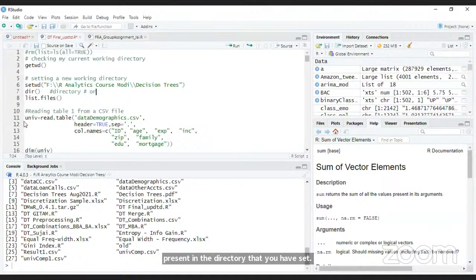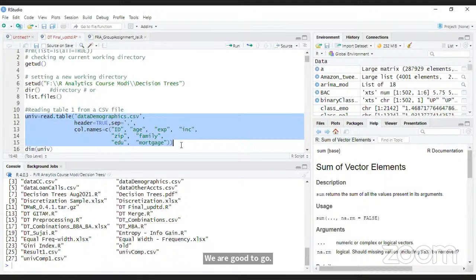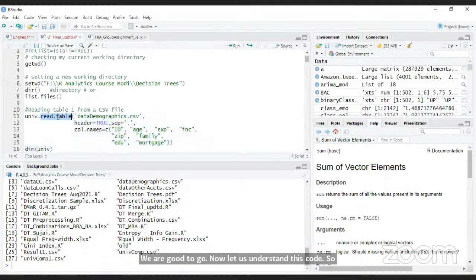Now let us understand this code. So the data is in CSV. I use the read.table function followed by the name of the table with the extension, because each column has a header name. We say header is equal to TRUE because it is a CSV file. Separator is equal to comma.